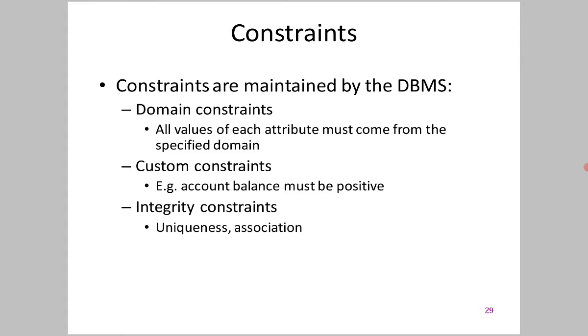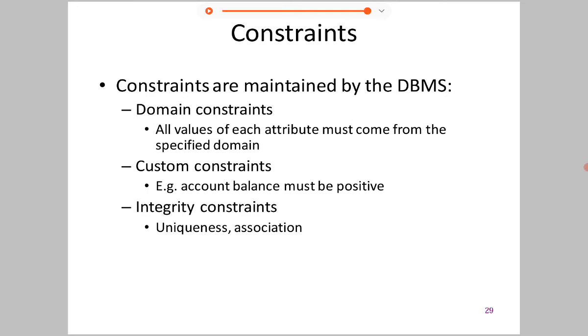So there are three types of constraints. Integrity constraint means uniqueness, the unique constraint, meaning there is no repetition or duplication of records. Custom constraint means account balance must be positive.